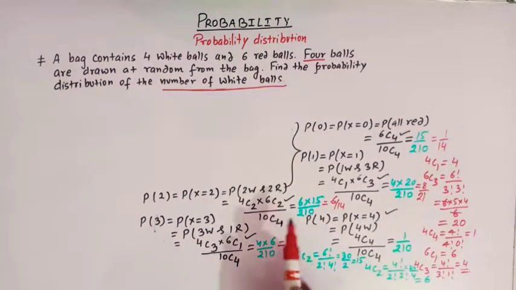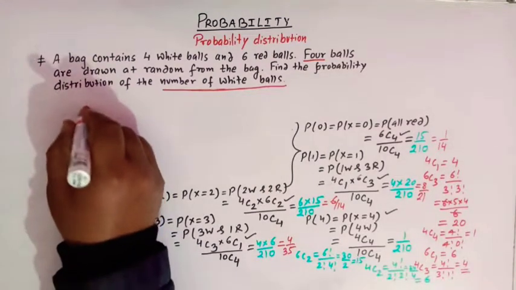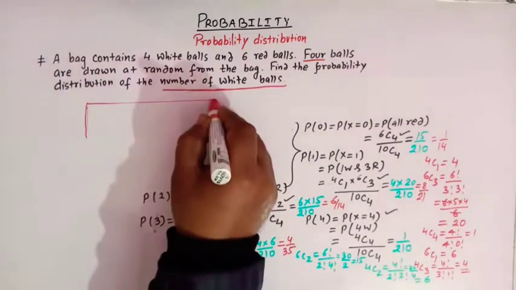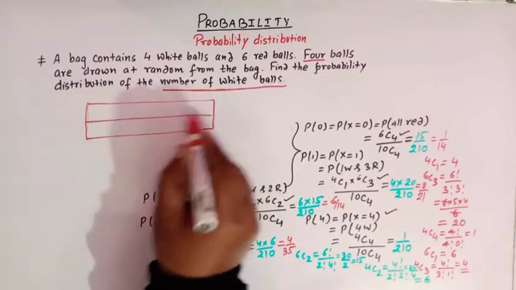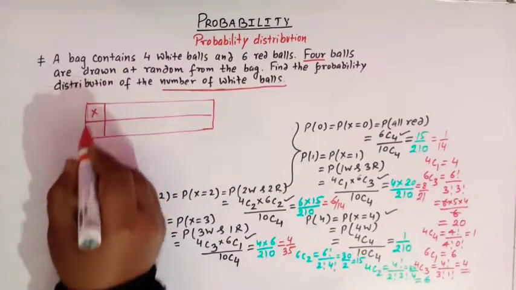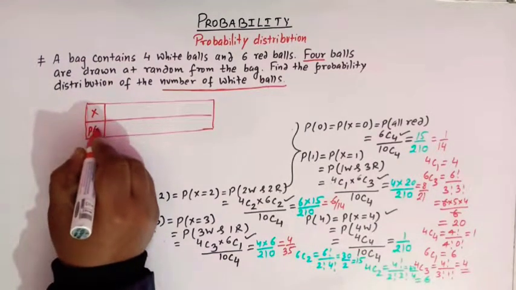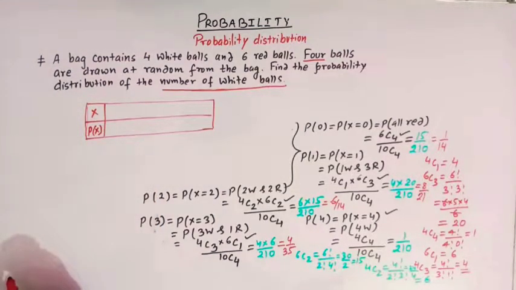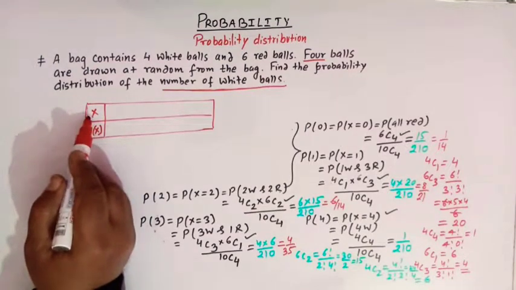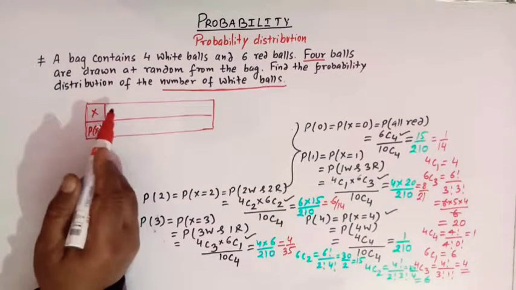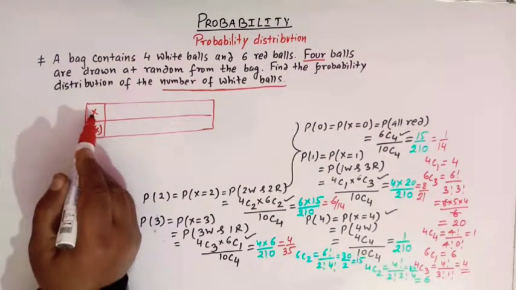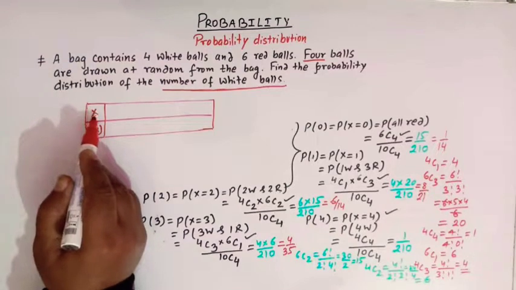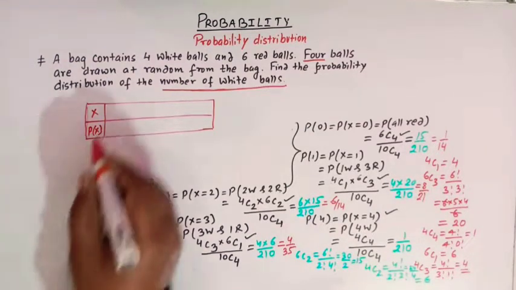So now we can write the probability distribution table, and the probability distribution table can be written like this. So here we have X, and here we have the corresponding probability, right? So the first row denotes the value of X, which is the random variable, and the second row denotes the probability corresponding to the value of the random variable.